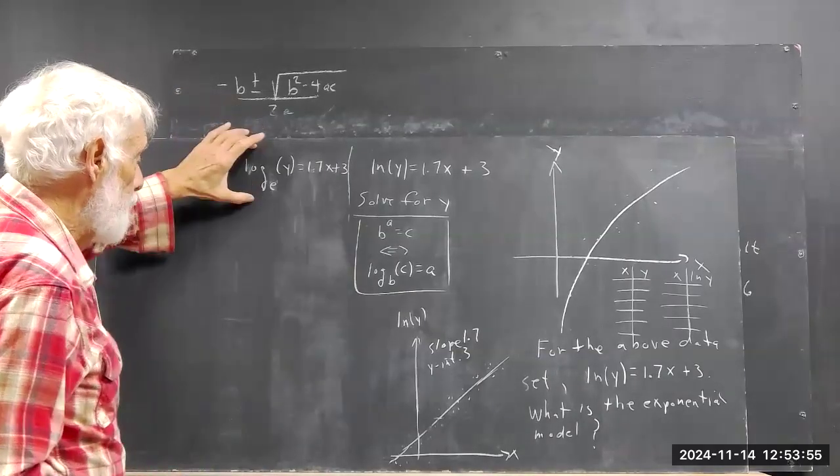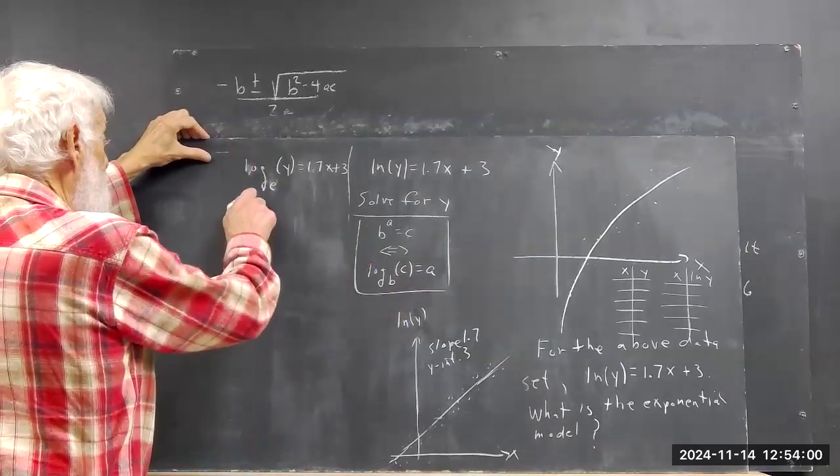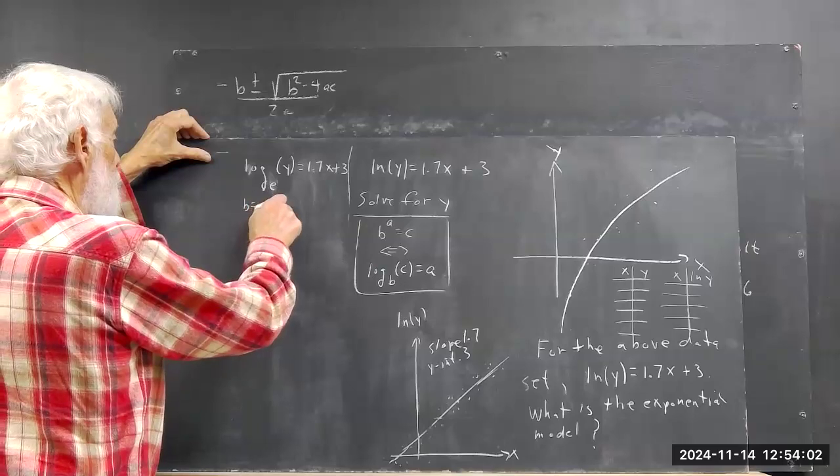Okay. Now that we've got this written in this form, we can see what B is. B equals e.